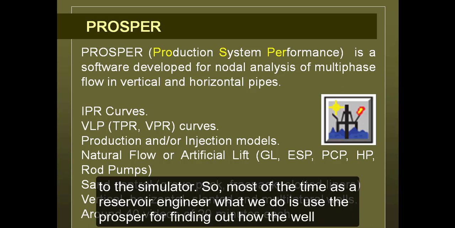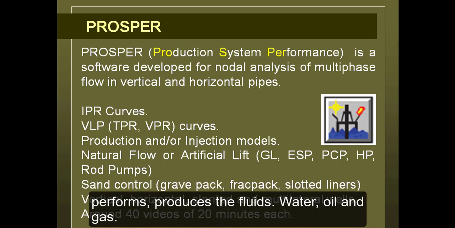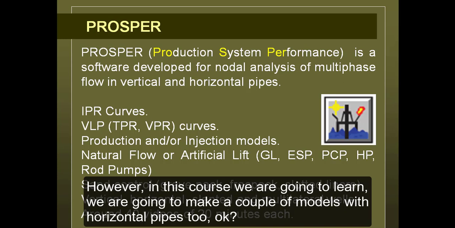We use Prosper for finding out how the well produces the fluid, water, oil, and gas. However, in this course, we are going to make a couple of models with horizontal pipe too. Okay?